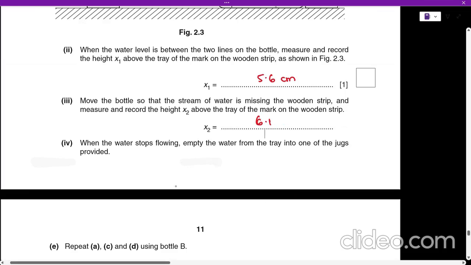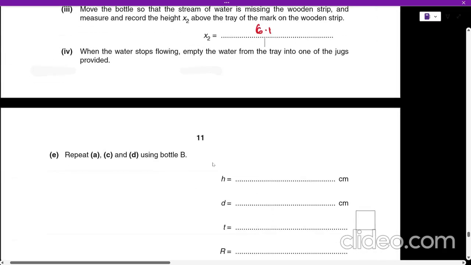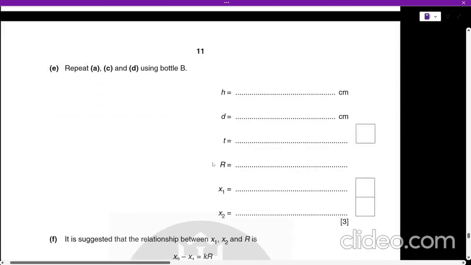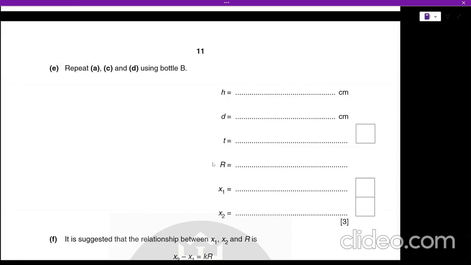So in the fourth part they are saying that when the water stops flowing, empty the water from the tray into the jugs provided. Repeat A, C and D using the bottle B. So most probably they are going to be providing the water bottle B that is going to have the distance between the two lines different from the first one, and it is also going to have a different diameter.